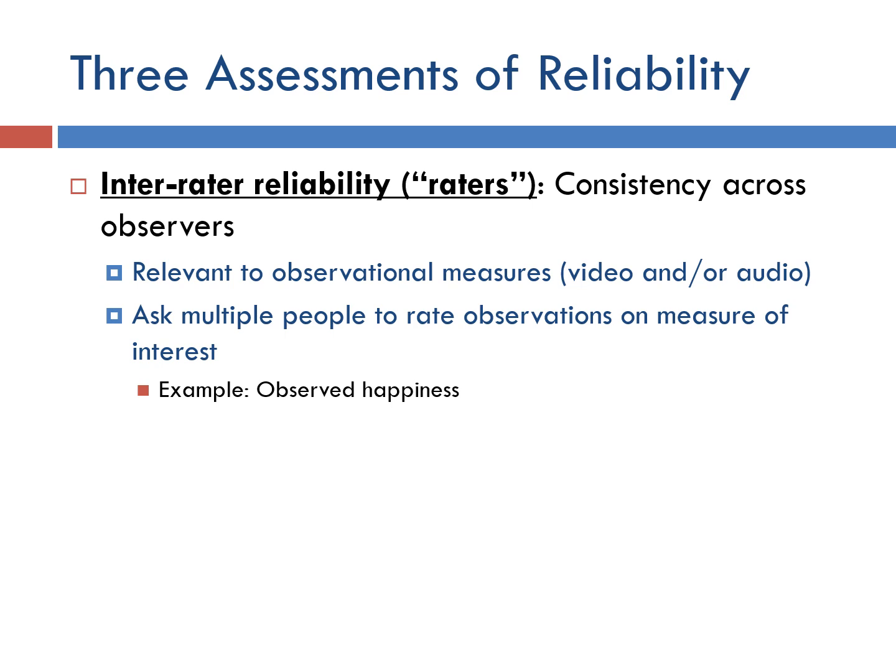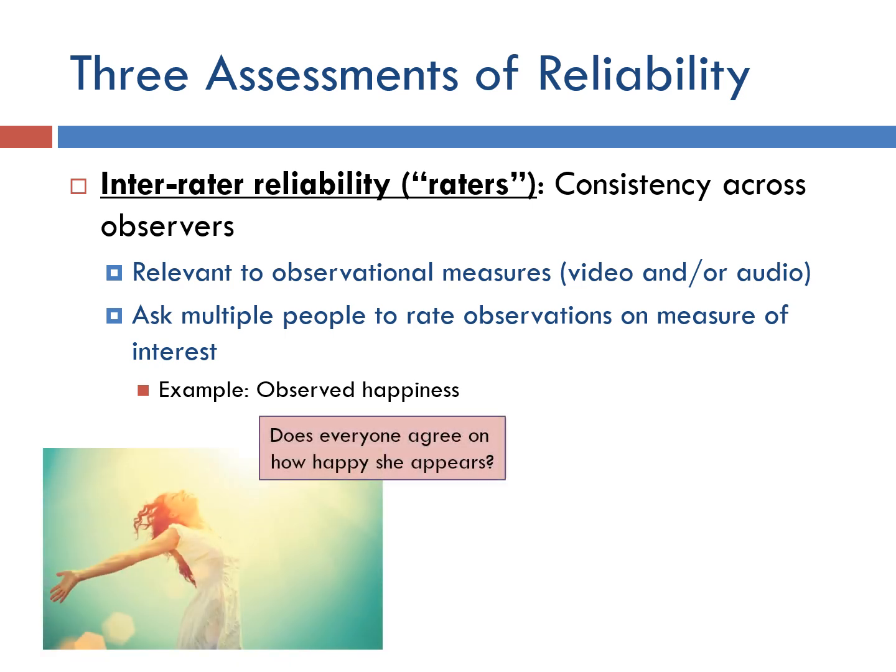So we assess this by asking multiple people to rate the individual, the participant, on the measure of interest. For instance, let's go back to talking about observed happiness. When we see this person here, all of us watching this video would come up with a number or a ranking for how happy this person appears. And the idea being that if we see this individual and all of us say, oh yeah, this person seems pretty happy, that's pretty high inter-rater reliability. If there's some of us who say, oh no, absolutely looks depressed in this picture, that would be low inter-rater reliability.